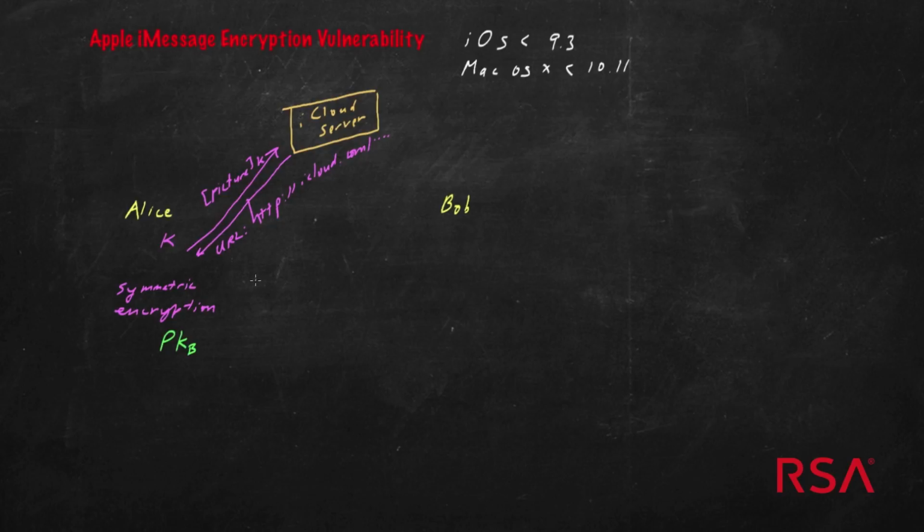Alice's iPhone will then take this iCloud URL that it was given, as well as the key K that was used to encrypt the picture, together with some additional information, and she basically encrypts all of this data leveraging Bob's public encryption key. And I'll depict that by drawing a box around all this data, together with the name of the key, PK sub B. Alice's phone will also compute what's known as a digital signature on this encrypted data.